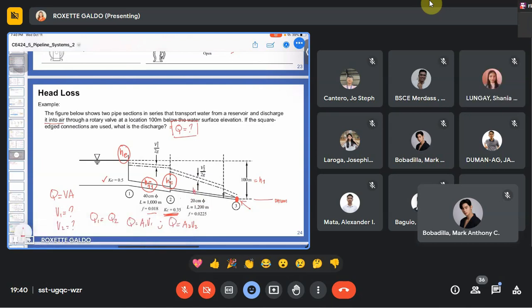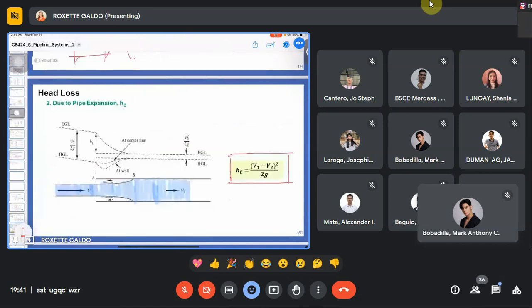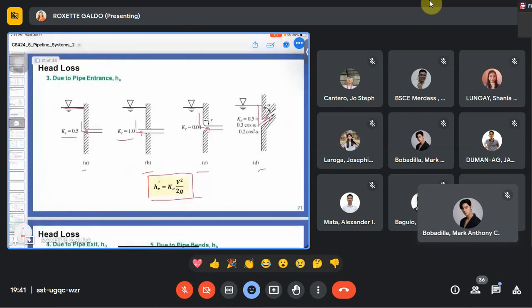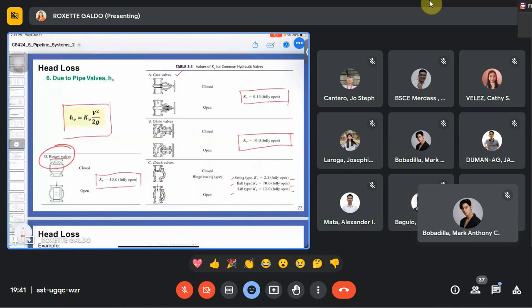So we have HF2 here, and the coefficient of friction at pipe 2 is given. As the water continues to move, it passes through the rotary valve. So we have HV here due to the rotary valve. The coefficient is 10.